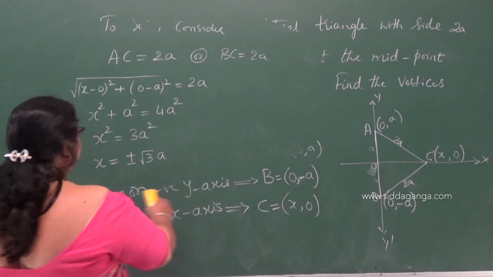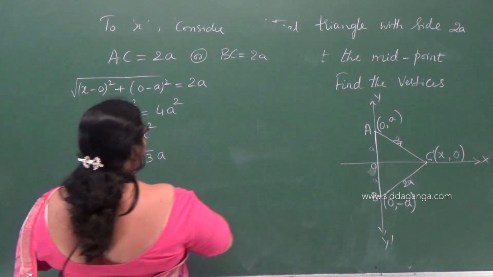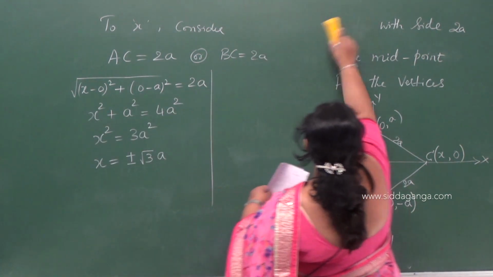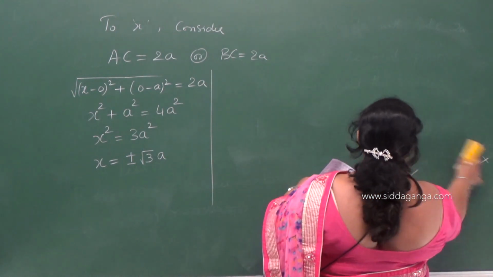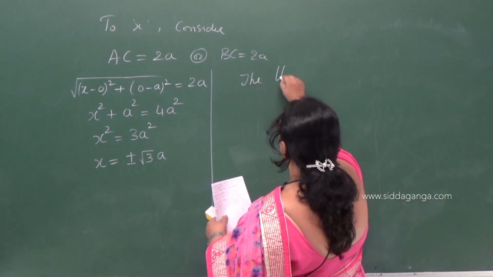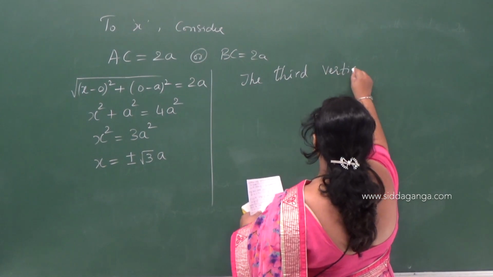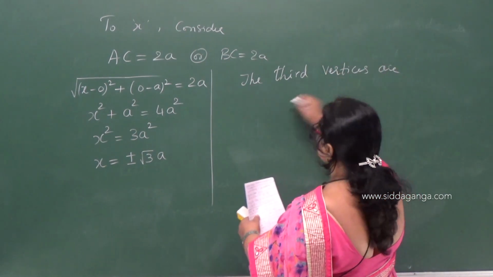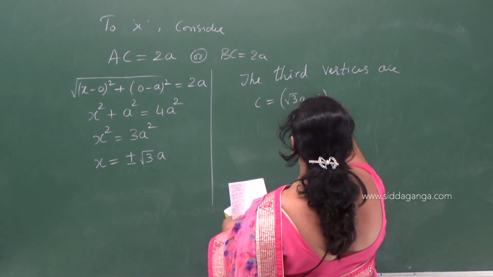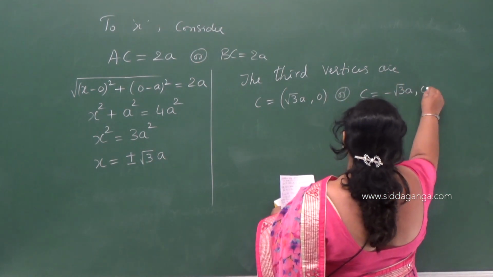So therefore the coordinates of the third vertex are C equal to root 3a comma 0 or C equal to minus root 3a comma 0.